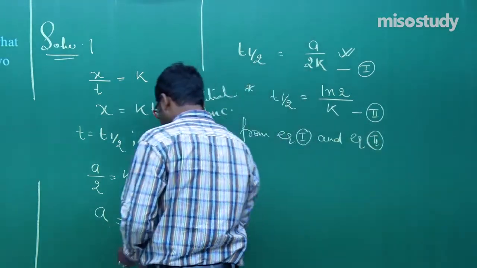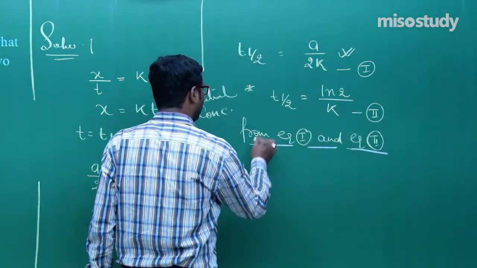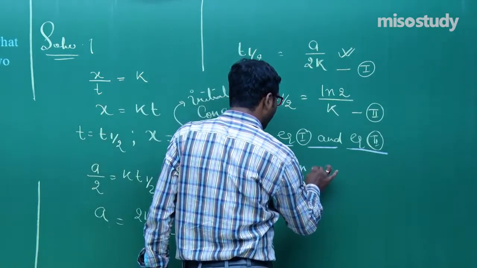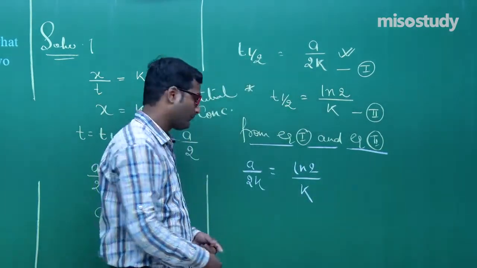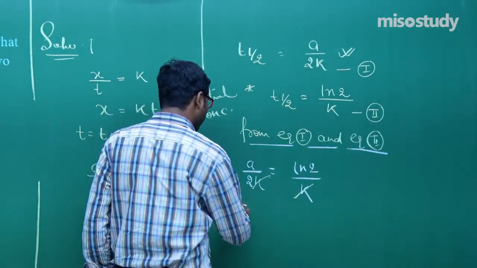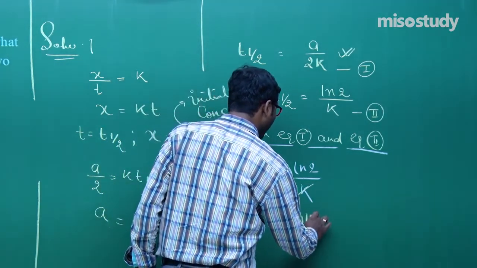What do we get? Wait for a moment. That is a upon 2k is equal to ln 2 upon k. This k will cancel, and we can say a is equal to 2 ln 2.